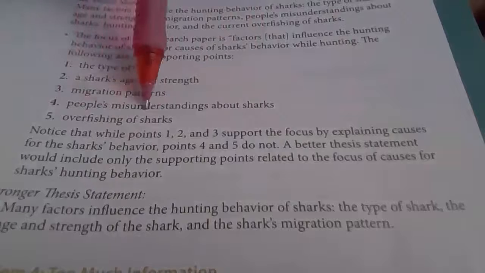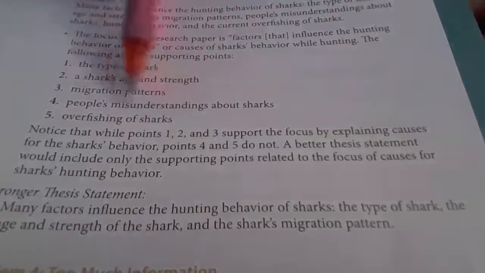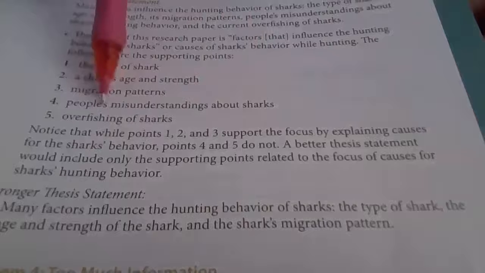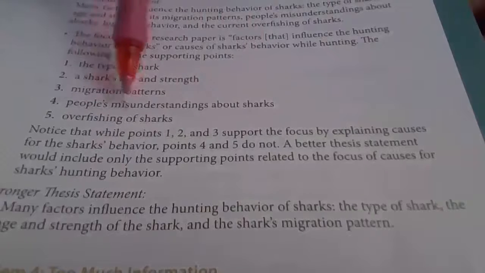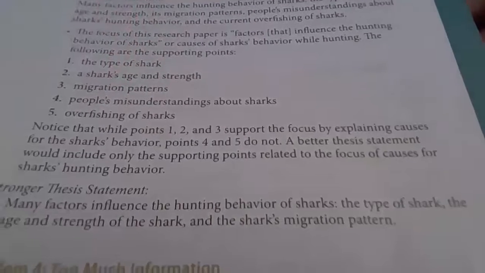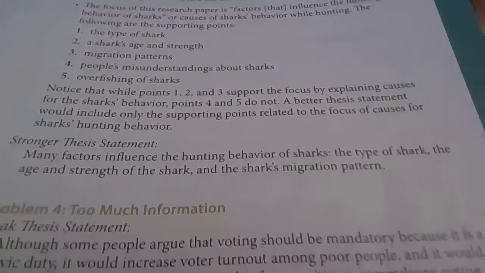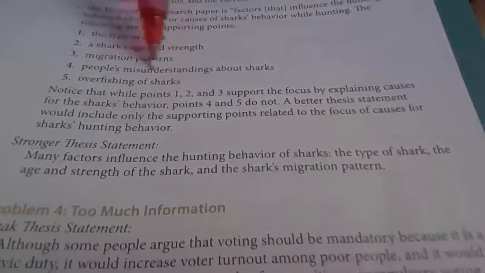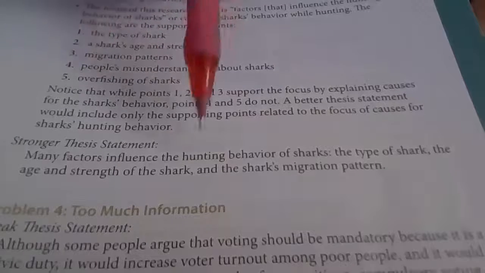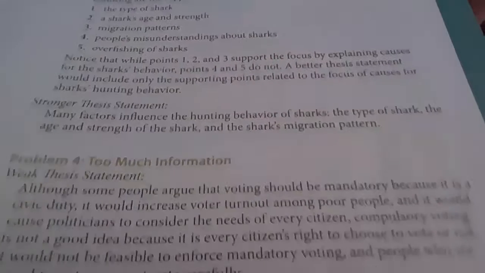If we fish more sharks, that still doesn't change their behavior necessarily. There might be more information that you need to prove number 5, but something like number 4 definitely has no relationship to a shark's behavior. My opinion of a shark does not change a shark's behavior. So you just make sure to delete the ones that don't make sense. They're not really related. So now we're just left with the first 3.